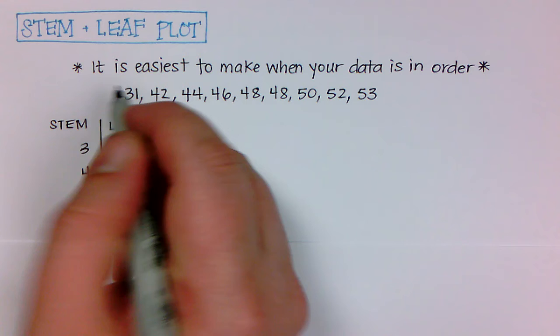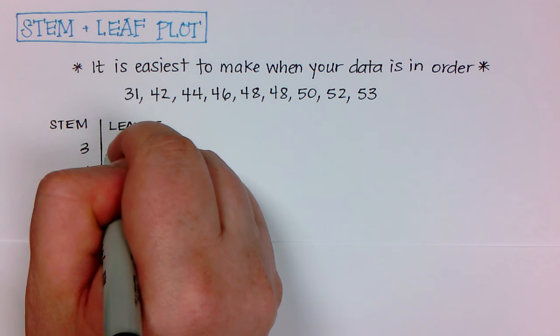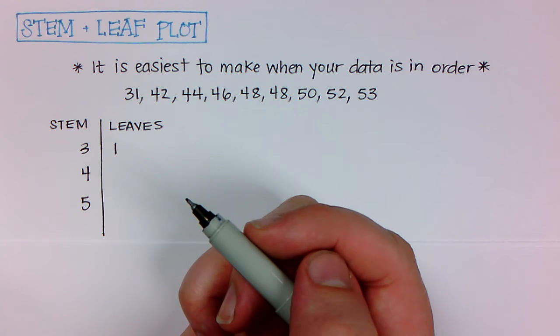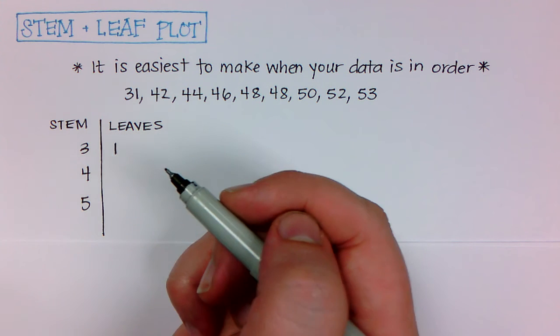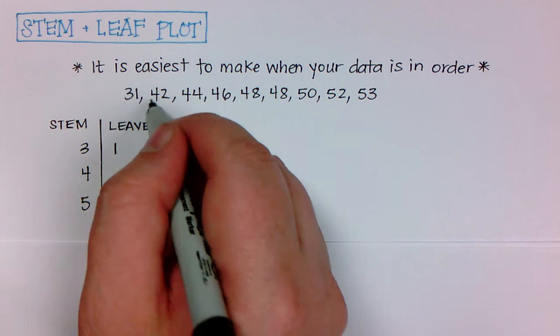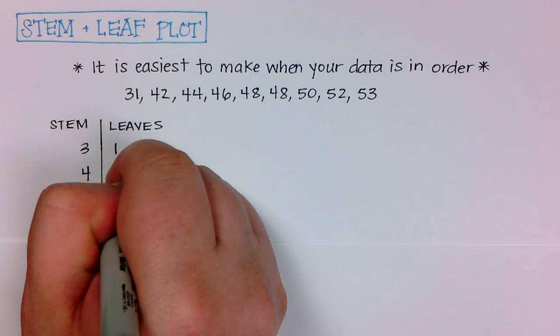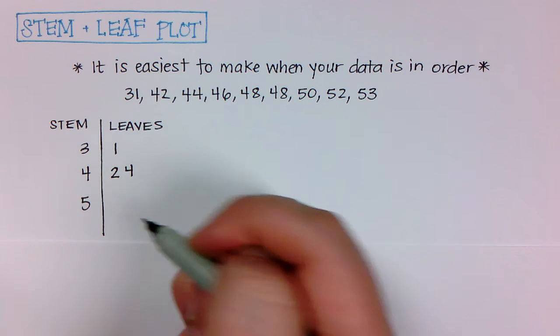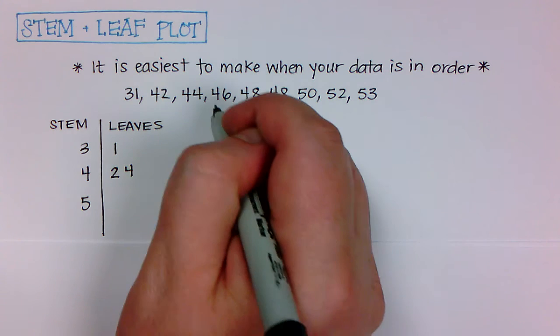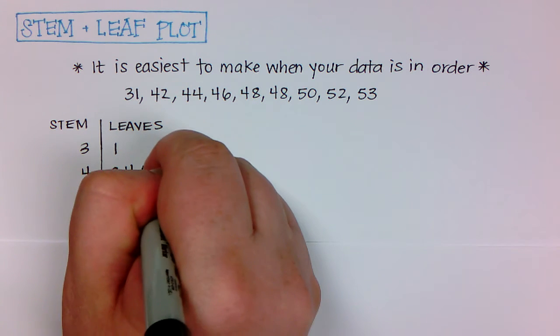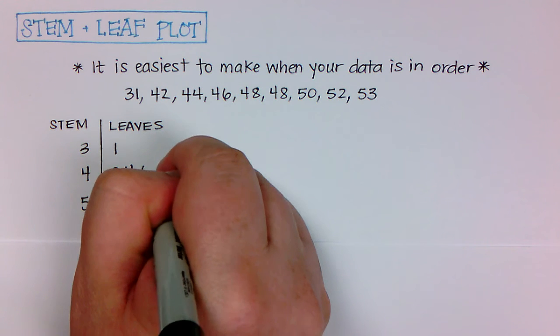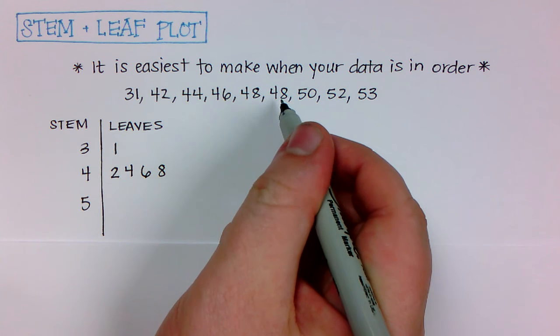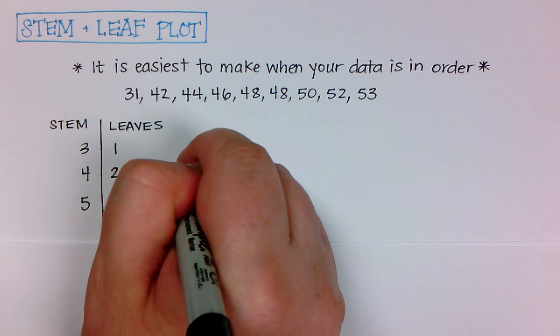So for 31, I have a 3 there for the stem, and I'm just going to add a 1 for the leaf. So this is an abbreviated way of writing 31. For 42, I'm going to add a 2. For 44, I'm going to add a 4. And you'll notice I'm not putting any commas. For 46, I'm going to put a 6. For 48, I'm going to add an 8. And I have 48 again, so I need to put it again.